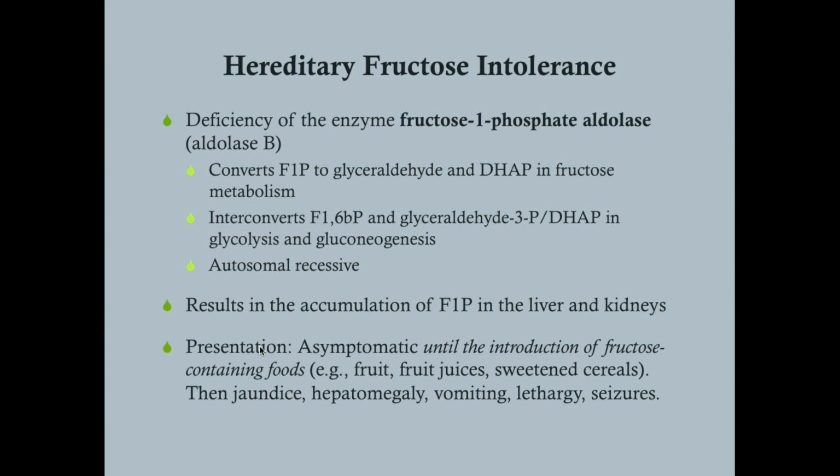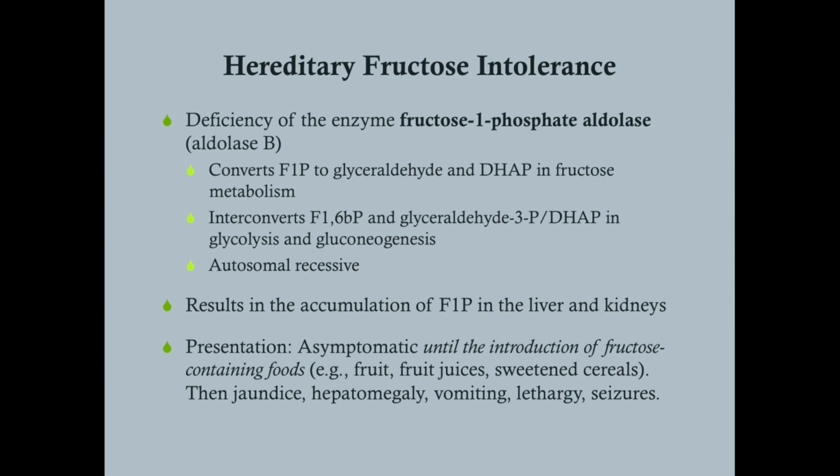The presentation. This presents in childhood. When a baby is drinking breast milk or formula, there's no fructose in that. And so this will remain asymptomatic to start out with. But then the baby starts eating fruits and vegetables and table food, and there's fructose in that.